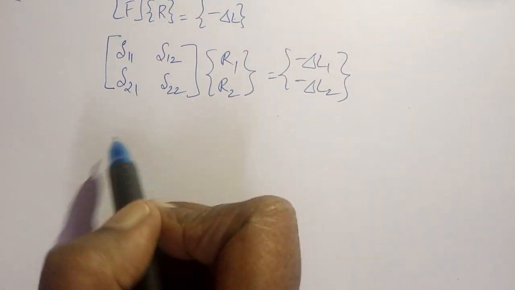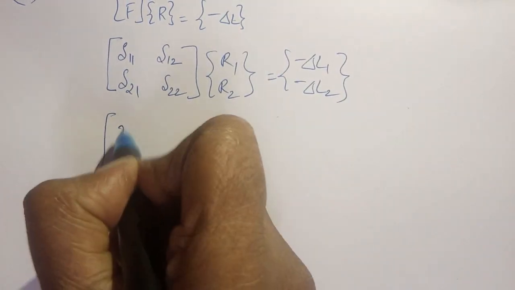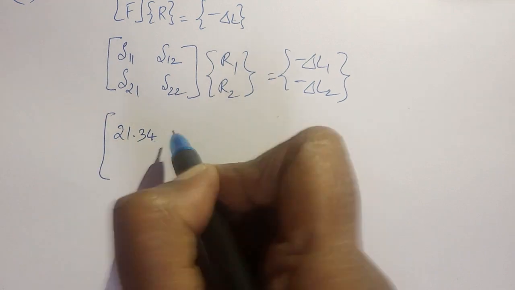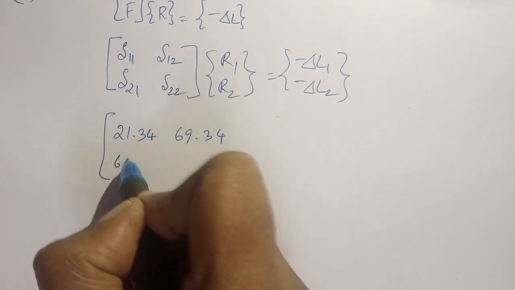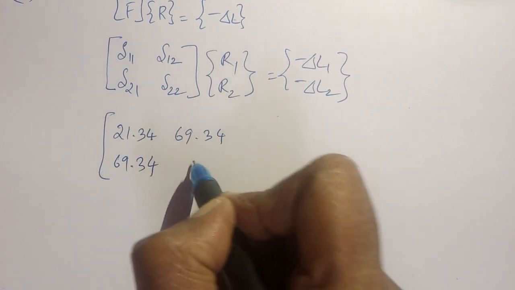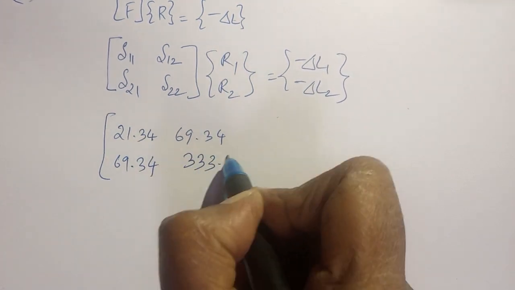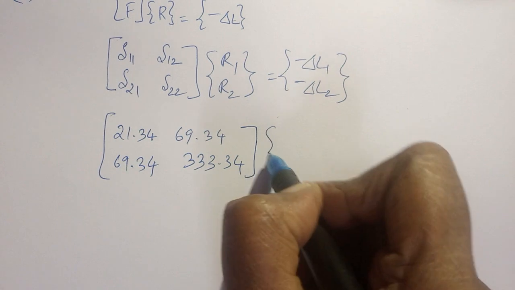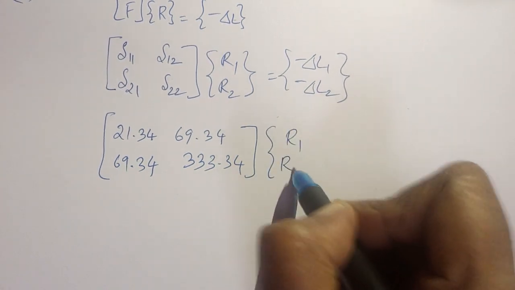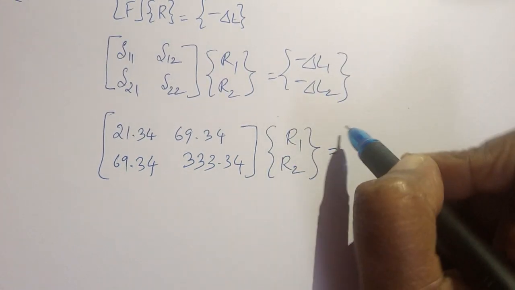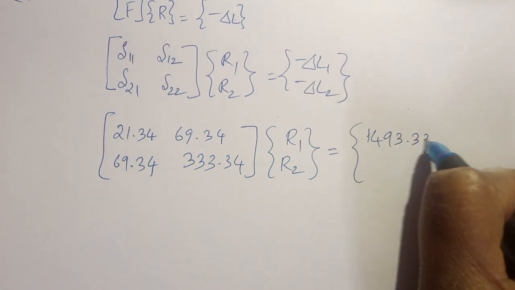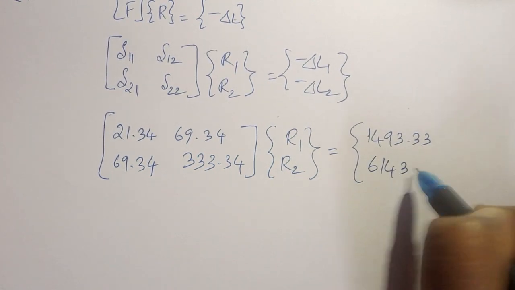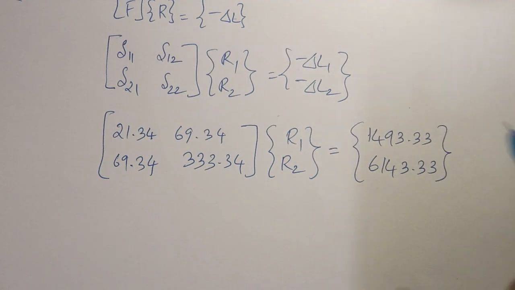So it will be 21.34, 69.34, 69.34, 333.34 into R1, R2 is equal to 1493.33, 6143.33.